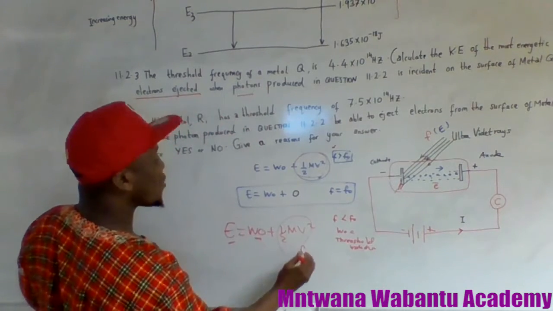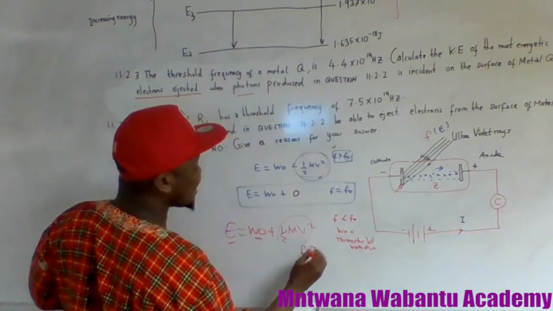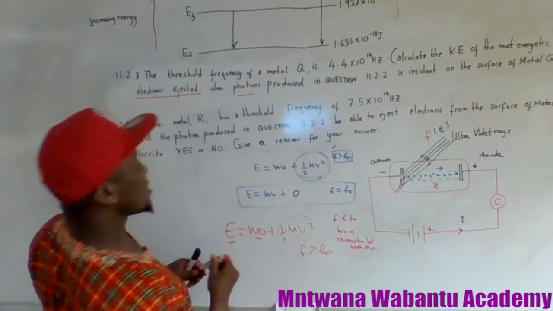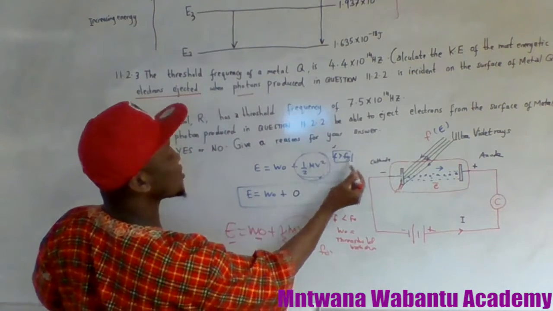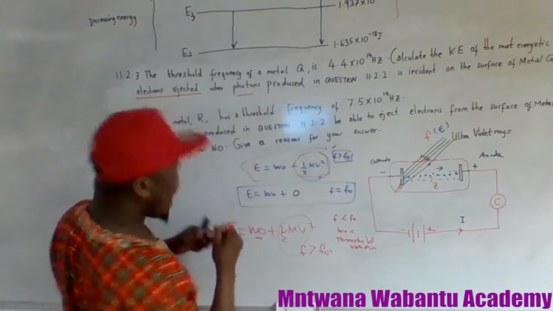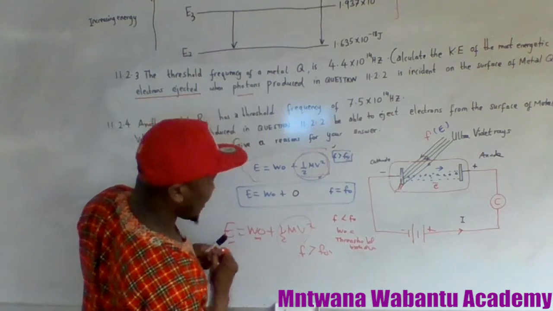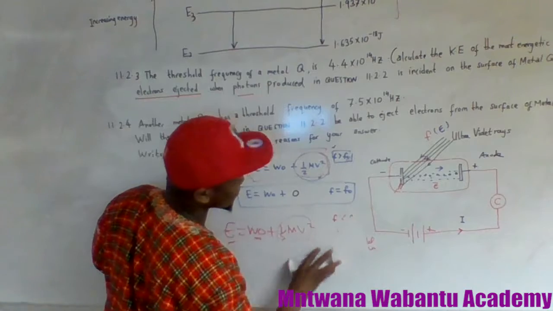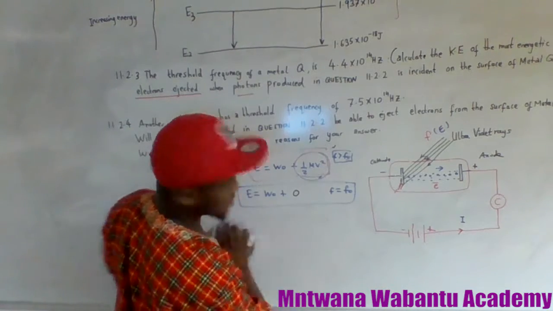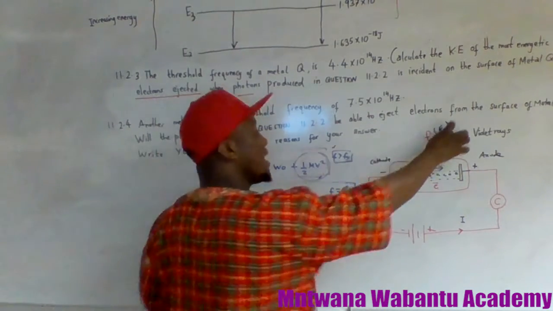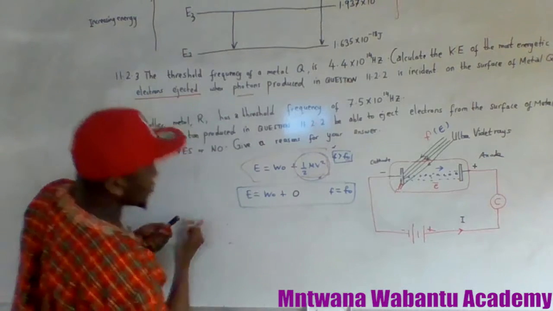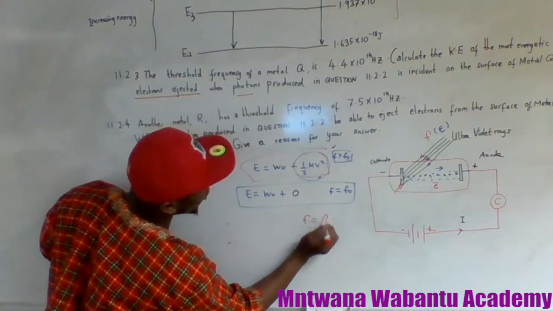That's how we're going to use this formula when the frequency or energy is greater than the threshold frequency. We're going to use this energy. Now, you come to the situation where the frequency is equal to the threshold frequency.